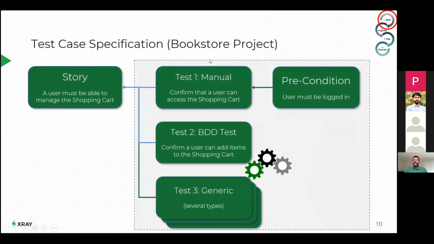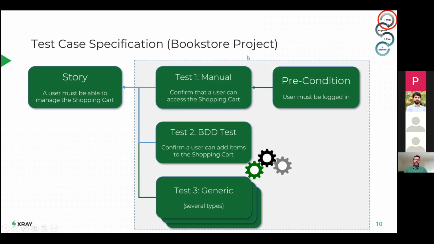And these are the test types that Xray currently supports. A manual test type, a BDD test type, or Cucumber or Gherkin language defined tests, and generic and structured types of tests. We'll be looking at each one of these types of tests. Also, the manual test in this case that I'll show you also has a precondition here.